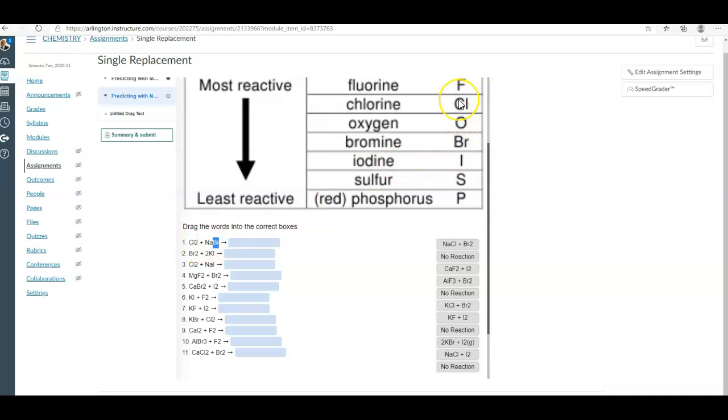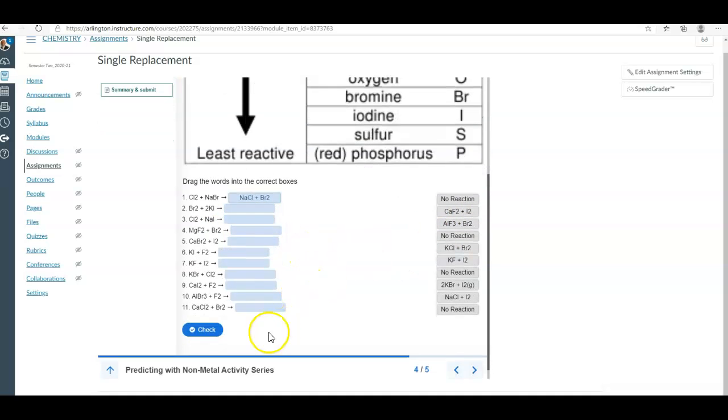Chlorine is up here, above bromine. Therefore, chlorine can replace bromine in this compound to give you sodium chloride and bromine. So sodium chloride and bromine is your answer right there. Once you understand how to use the activity series, you're able to predict and complete the given reaction.